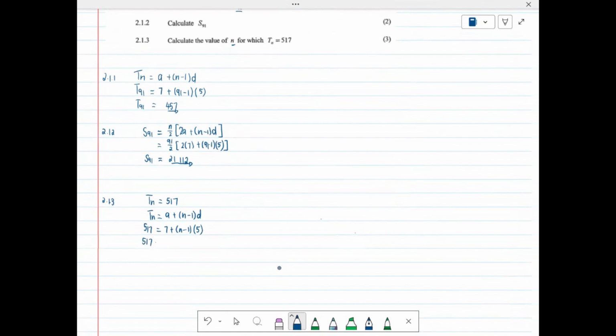So 517 is equal to 5n minus 5. 517 is equal to 5n plus 2. Subtracting 2, 515 is equal to 5n. And finally, when we divide both sides by 5, n is 103.